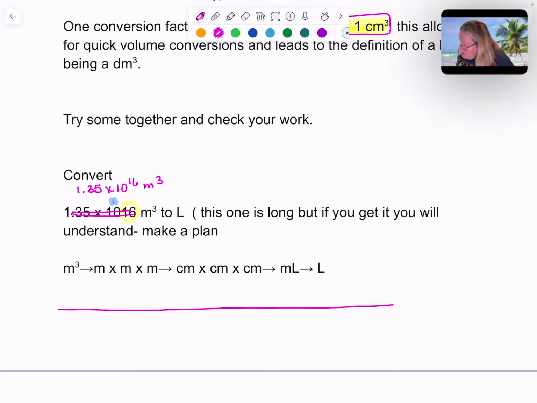So we set up our crossbar. And I'm going to use some multiple colors here to try to keep it straight. So we're going to put our given in, 1.35 times 10 to the 16th meters cubed. So for every 1 meter, there's 100 centimeters.